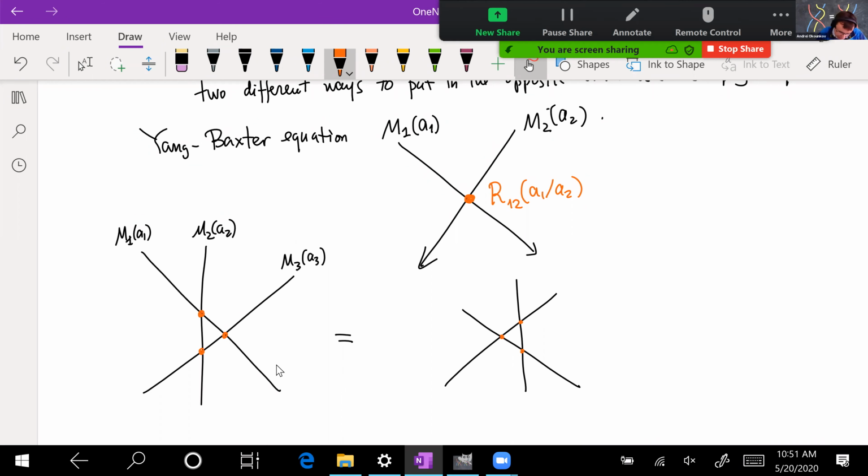You can think of this from the point of view of 2D statistical mechanics as an invariance of your model with respect to some local rearrangement, which is like a combinatorial analog of something. Typically, if you study quantum field theory, it's very valuable to know that it's covariant with respect to local changes of coordinates. For example, it could be conformal. That's super powerful.